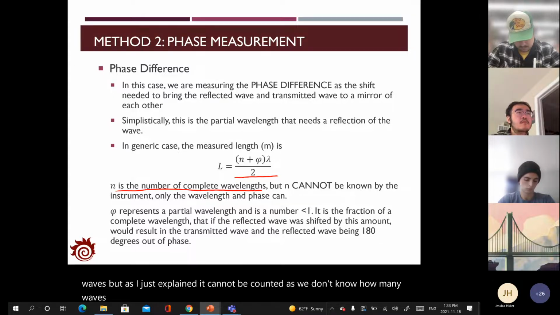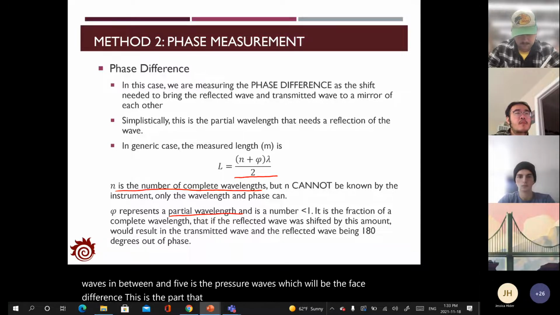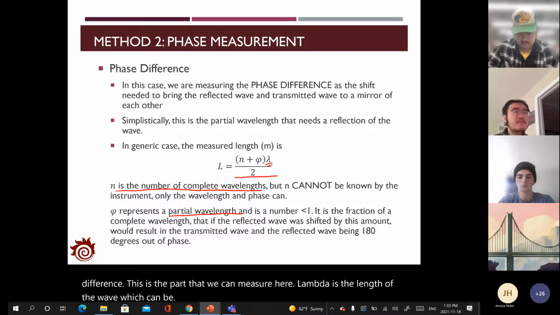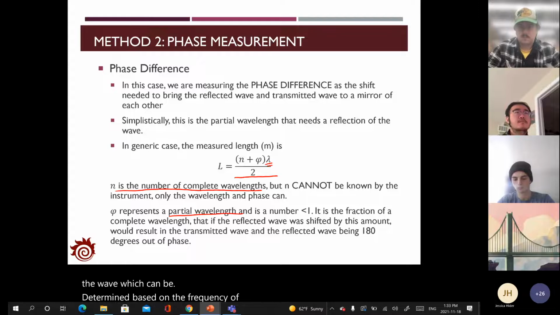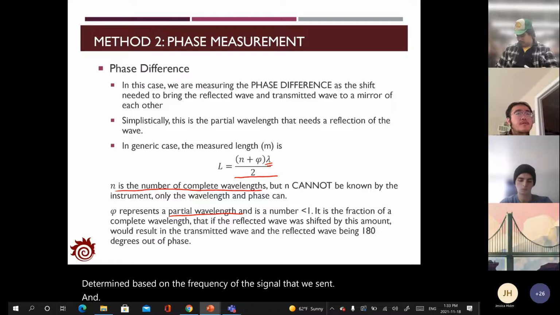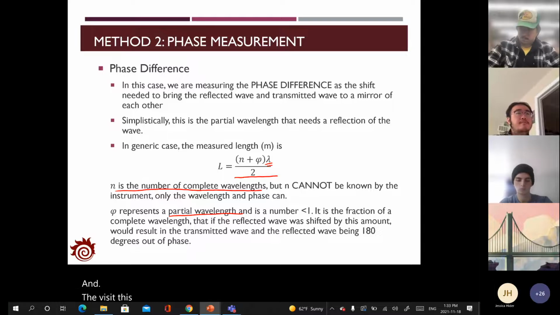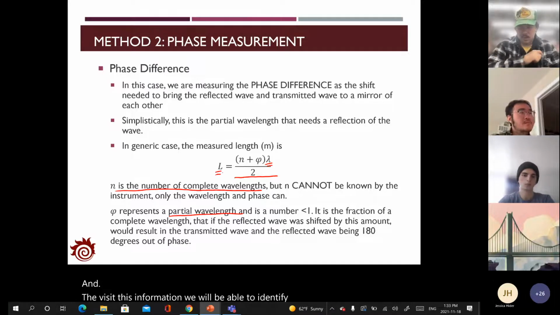And phi is the partial wave, which will be the phase difference. This is the part that we can measure. Here, lambda is the length of the wave, which can be determined based on the frequency of the signal that we send. With this information, we will be able to identify the distance from the start to the target.